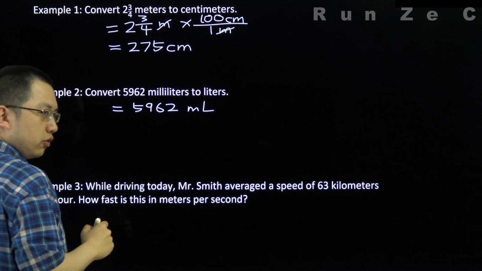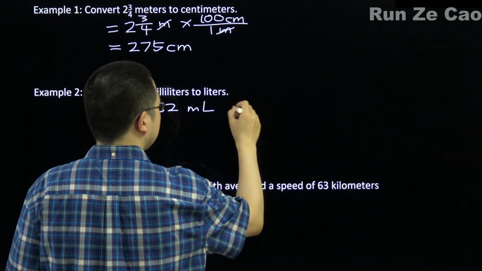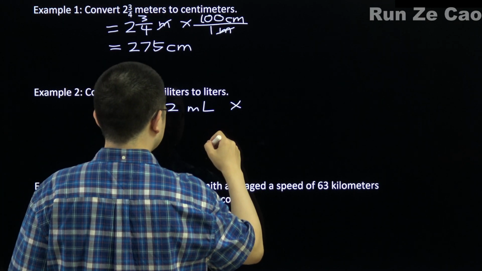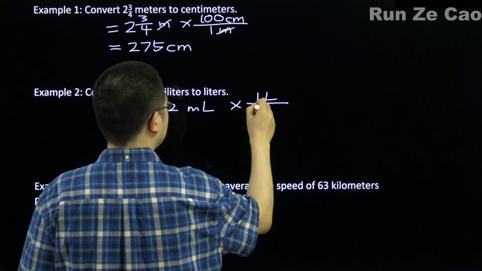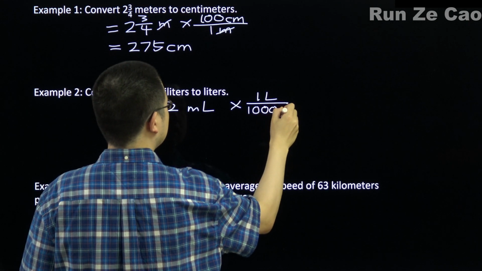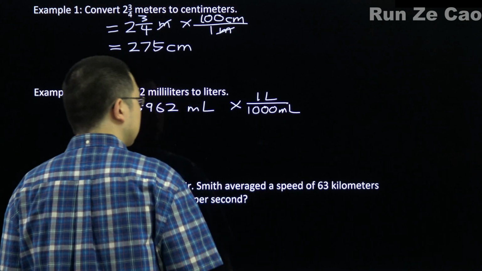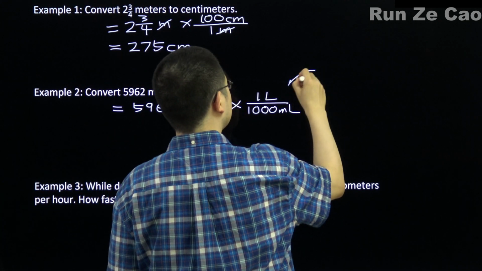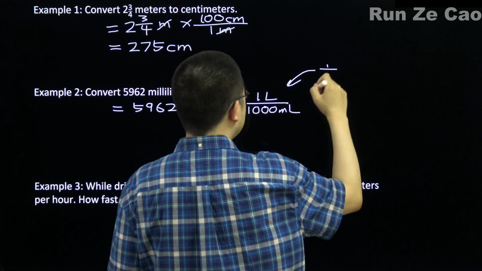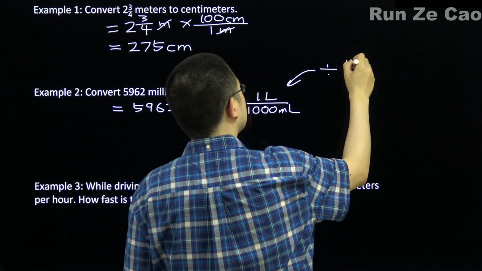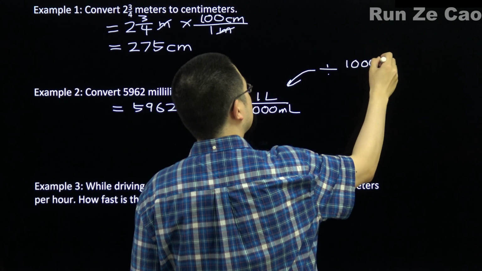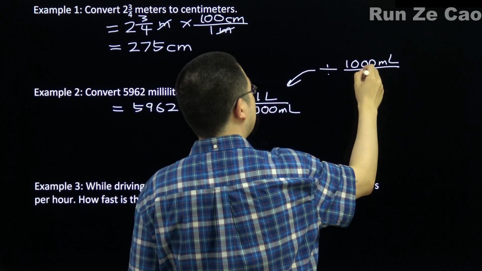You can either use multiplication, in which case it's going to be 1 liter per 1,000 milliliters, or you could divide by a unit ratio, i.e. 1,000 milliliters over 1 liter.